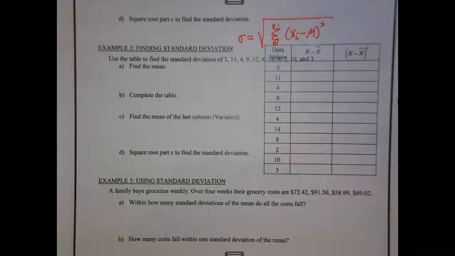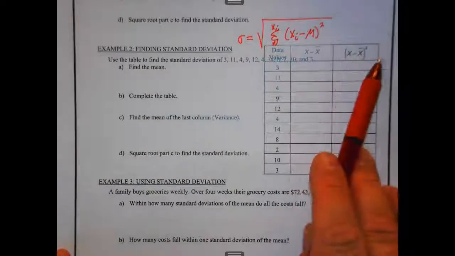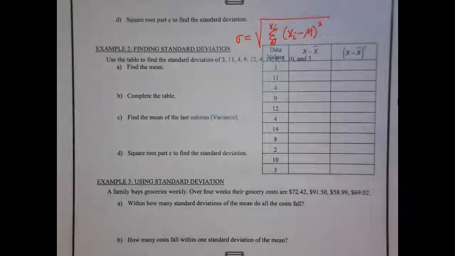Remember that? Well, that's what we're doing here. And I told you to use a chart. Well, there's no other way to figure this out until I tell you the shortcut, which I'm not going to do for quite a while.